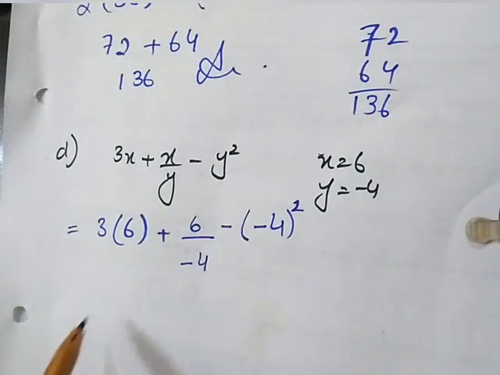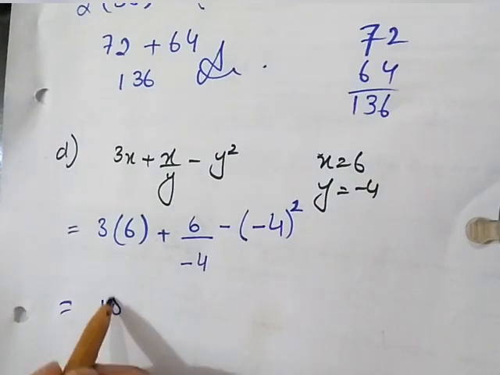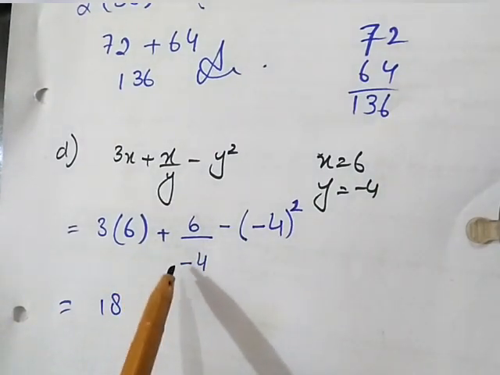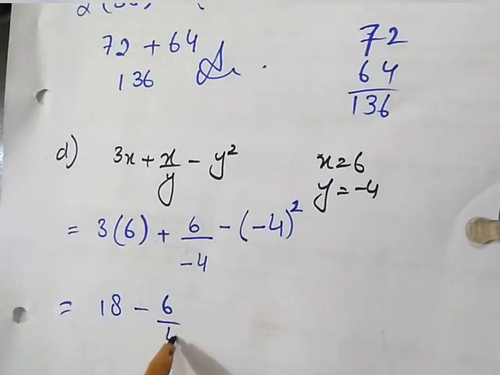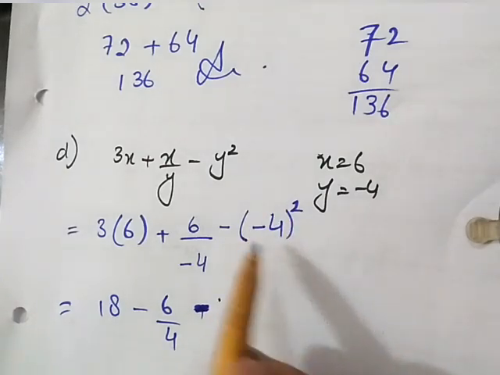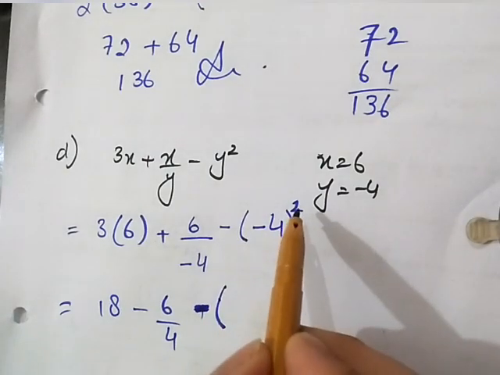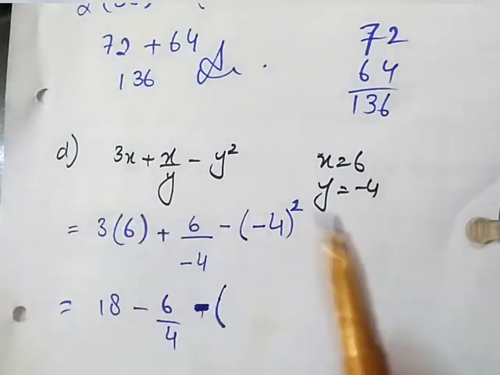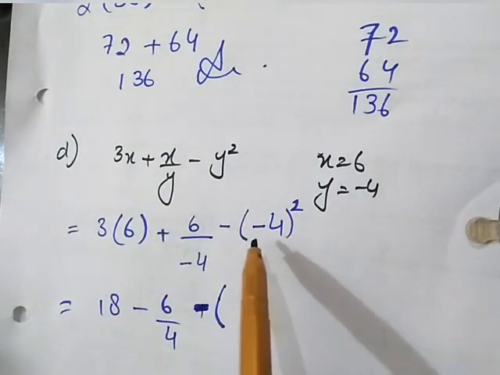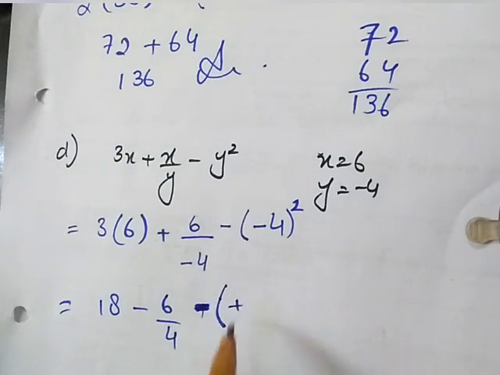Now solve the question. 3 6s are 18. These two signs are going to be multiplied, plus minus minus. 6 by 4. First of all, we solve this bracket. Whenever there is an even power, like a square, the negative sign inside the bracket will become positive.